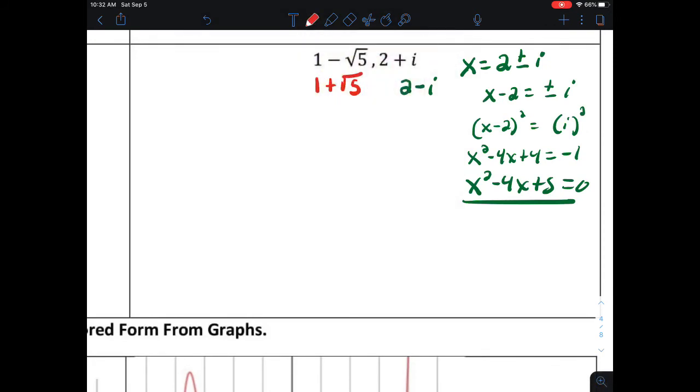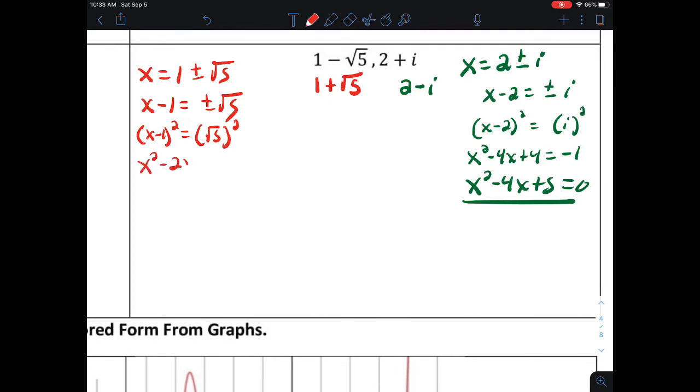And we're going to do the same thing for the irrational root. So x equals 1 plus or minus the square root of 5. Isolate the plus or the minus. And then we're going to square both sides. And that's going to give us x squared minus 2x plus 1 is equal to 5, and set it equal to 0.